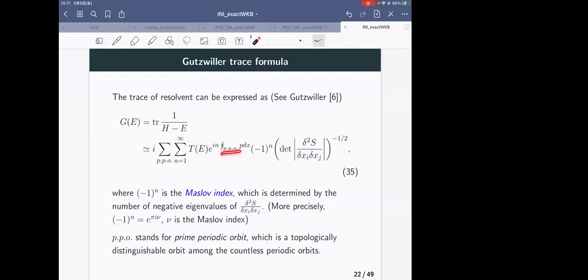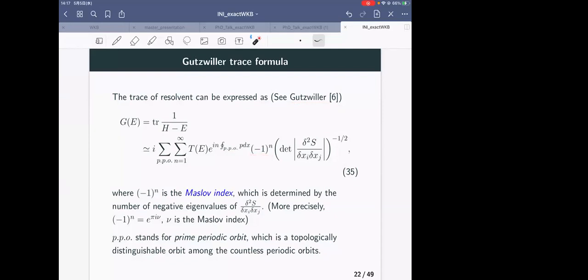And this PPO stands for prime periodic orbit, which is defined as a topologically distinguishable orbit in Gutzwiller's paper. But the meaning of this PPO is a bit obscure because we don't know how to determine this PPO in general.